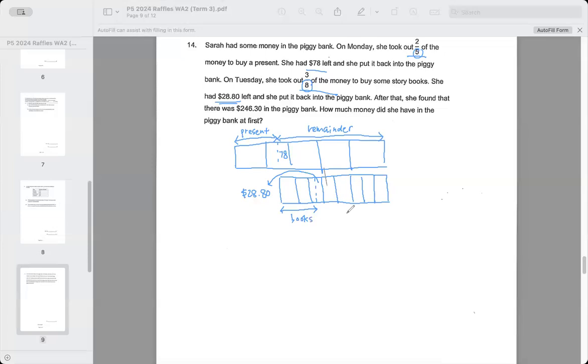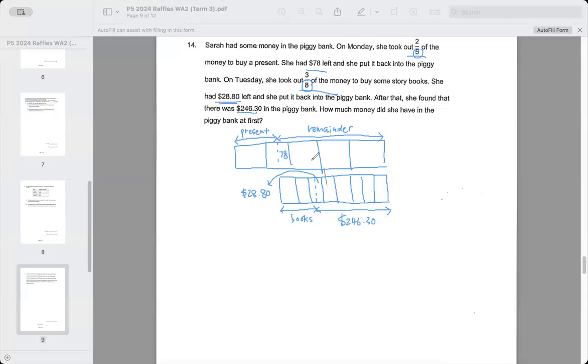Then the question says she put it back into the piggy bank, meaning this $28.80 is put back into the piggy bank. After that, she found out that there was $246.30 in the piggy bank, meaning from here all the way, the remaining money, is her $246.30. Now we have to start solving from the bottom model first.